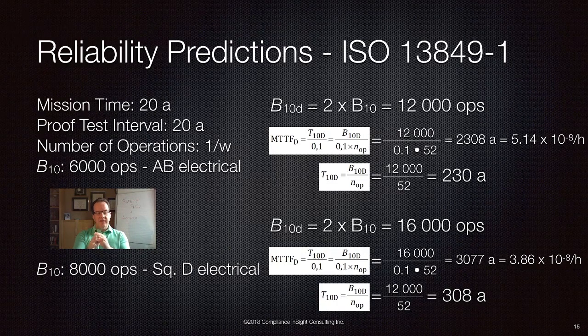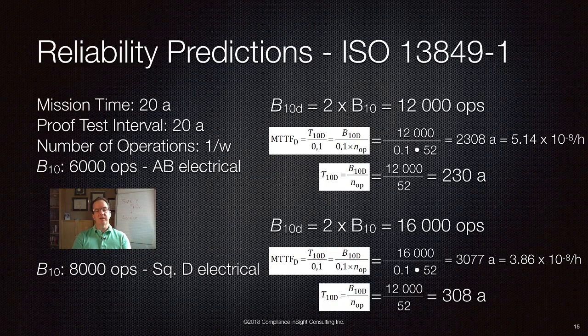So for the sake of our calculations, for the Rockwell switch, the AB switch, we can double that. So that takes us from 6,000 to 12,000 operations. We can put those 12,000 operations into our calculation along with a couple of additional assumptions. So the next assumption is the number of operations. And I've got that listed as 1 per W, which means once per week.